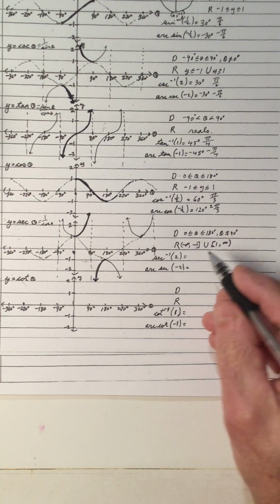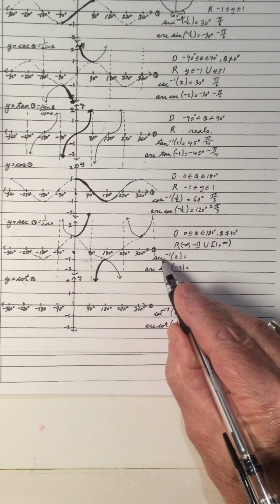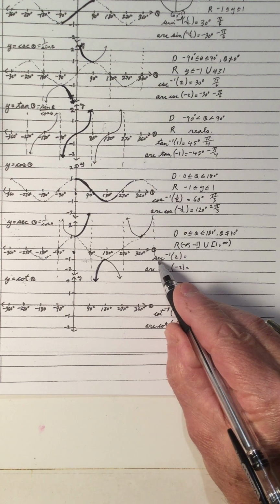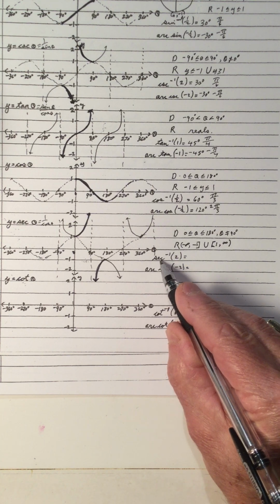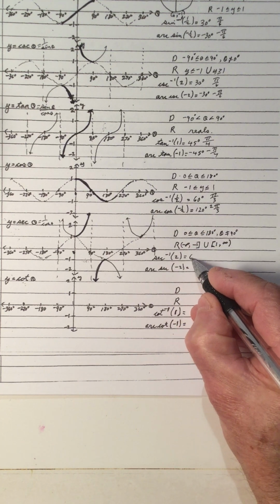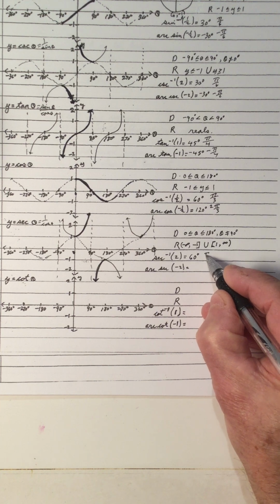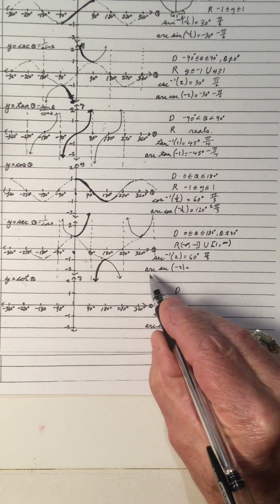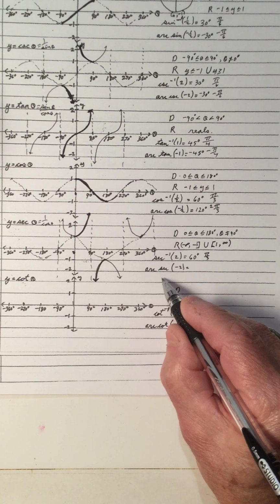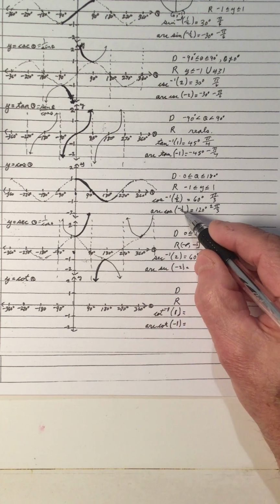And again, let's look at the arc secant, or secant to the negative 1 of 2. The reciprocal of secant of 2 is cos of a half. So that gives us the same answer, 60, which is pi over 3. And the arc secant of negative 2: the reciprocal of secant is cos, so cos is negative a half, the same as here.